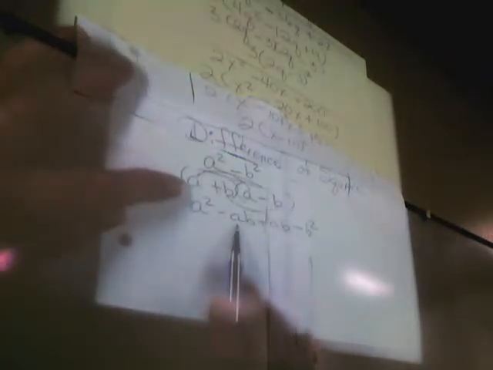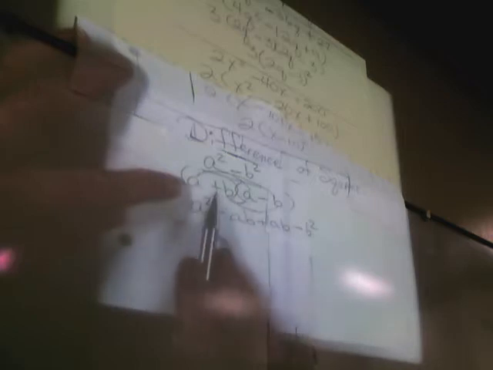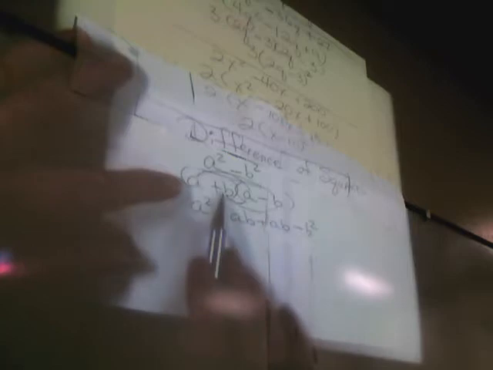How'd you get ab again? I'm sorry. The first term is a times a. Then you do it times the last one, you have negative b times a. The middle term, positive a and b. And then the last term, last times last, negative b times positive b is negative b squared. These two terms are opposites, so they cancel out.